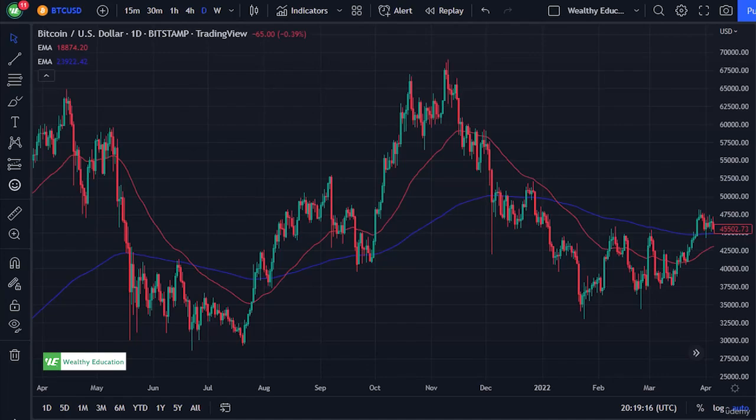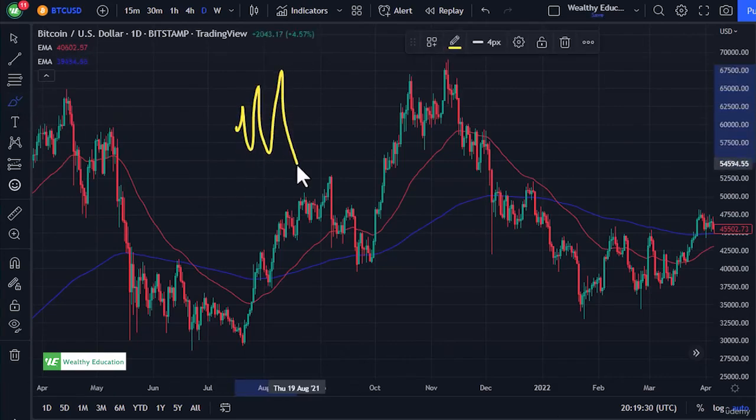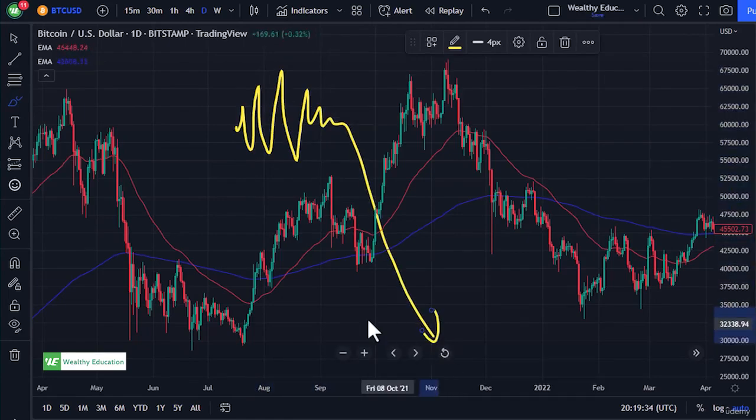So, the diamond top pattern, which is just the exact opposite of the diamond bottom pattern, is when you have basically action like this after a big move higher.